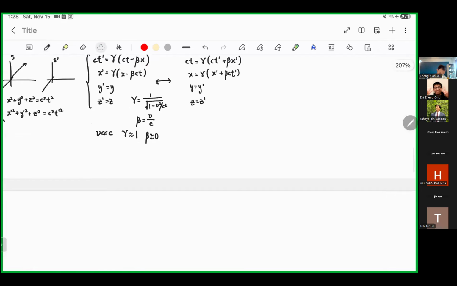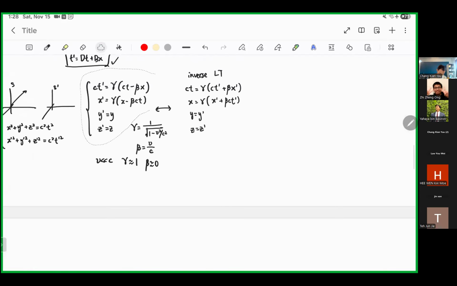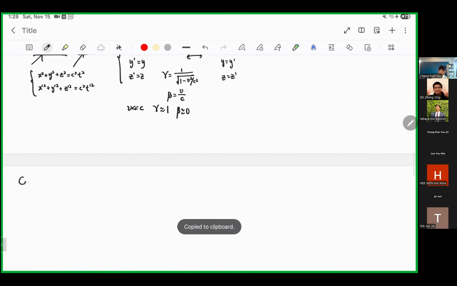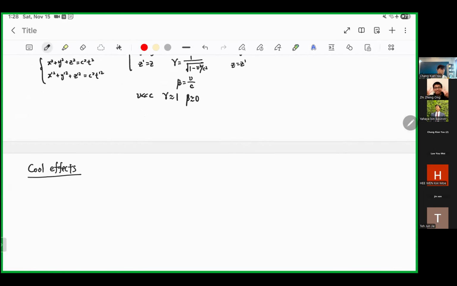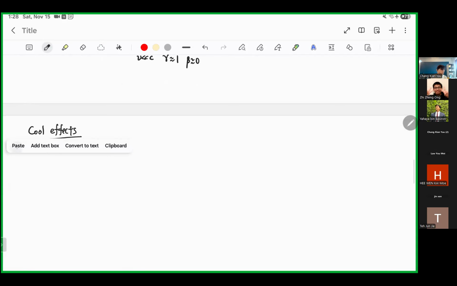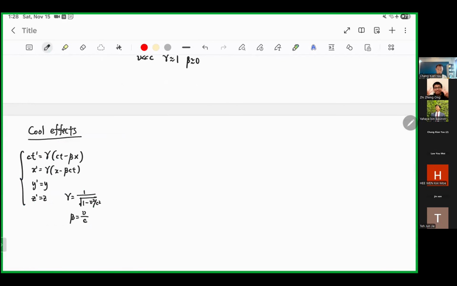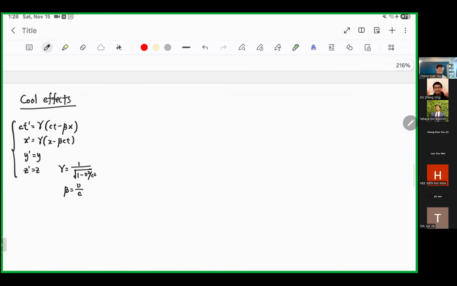Okay, so I'll need this. All right, so if you've heard of relativity before, then you've probably heard of time dilation, length contraction and stuff.